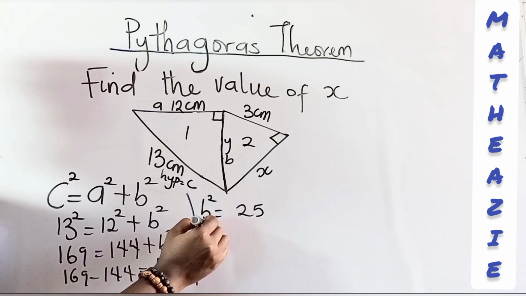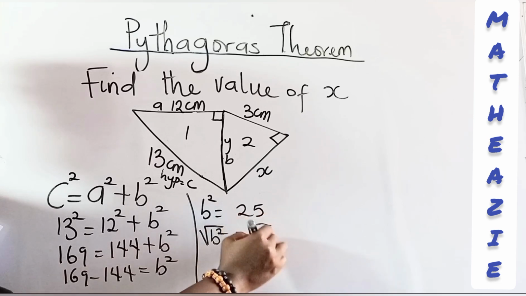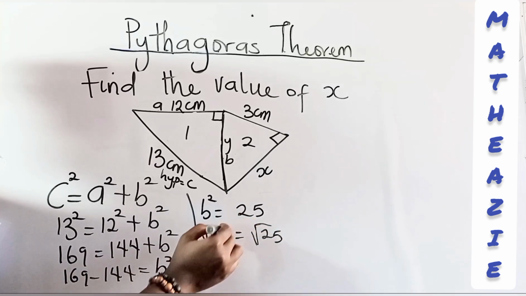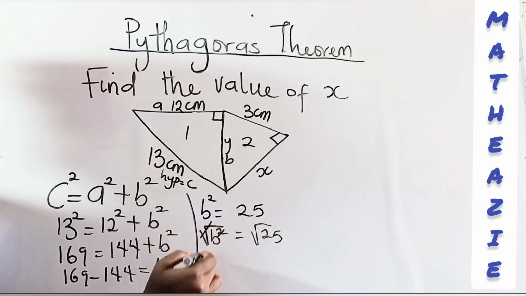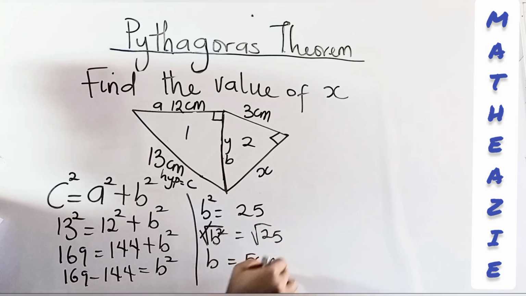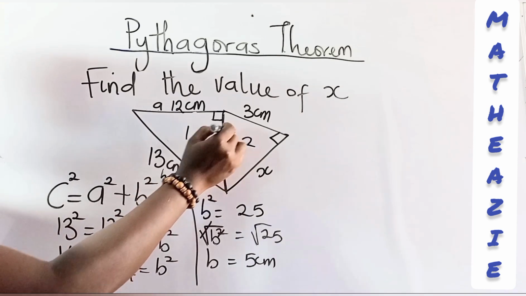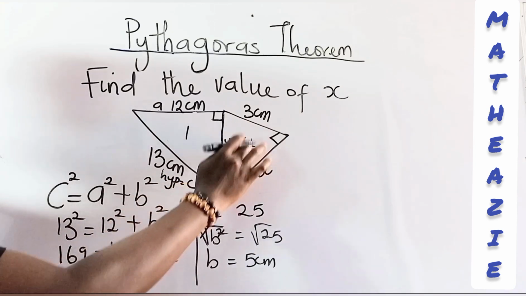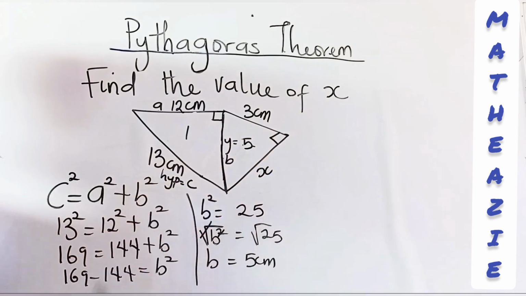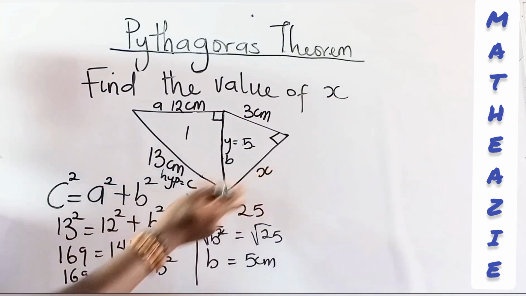To find B, we find the square root of both sides. The square cancels out the square root. So therefore, B equals 5 cm. Now, our side B equals y. So here now is 5. Now that we have these two sides, it is easier for us to find x.